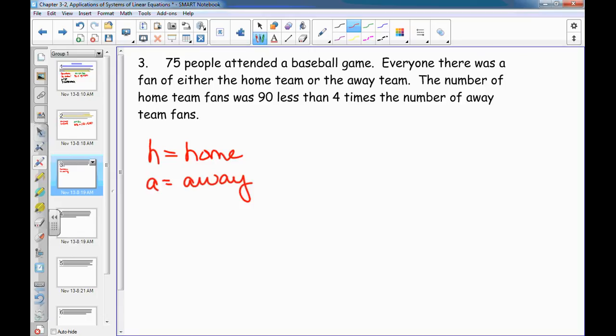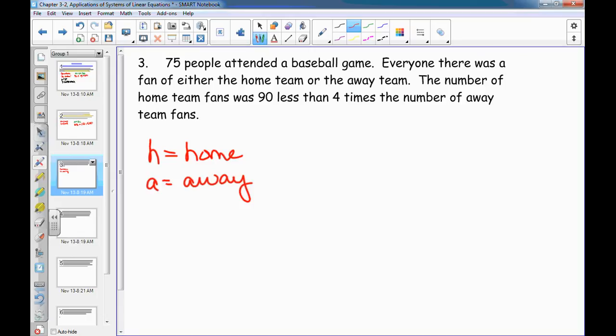Think of this again. It's just like the true and false multiplication problem, isn't it? The parts added together equal the whole. What's the whole here? 75 is the whole attendance. Does that make sense? The parts are going to be the home fans and the away fans. And those added together have to equal the total fans.